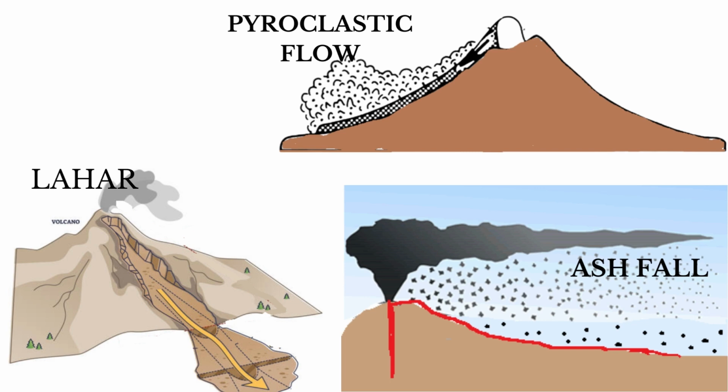This resulted in hazards such as ashfall, pyroclastic flow, and mud flow, also called lahar, among others. A pyroclastic flow is a fast-moving, gravity-driven cloud of hot gas mixed with hot volcanic rocks.